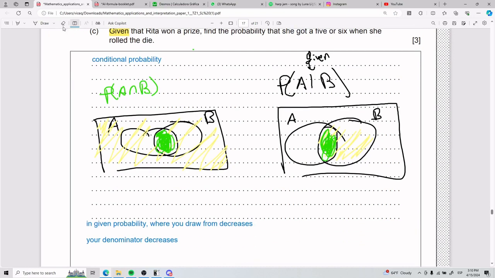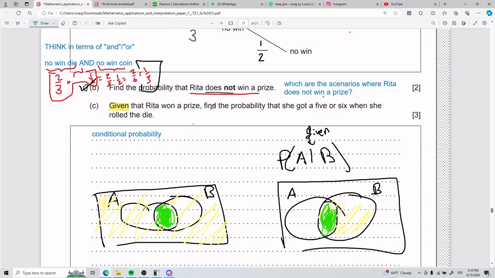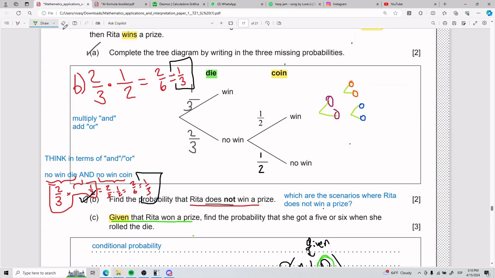And so in this case, actually, what is your given? You have given that Rita won a prize. And so technically here, your B is that she won a prize. Okay, so winning a prize, if she won a prize, what's the probability she rolled 5 or 6? So technically, just so that we understand very well what's going on, my new universe is only when she wins.